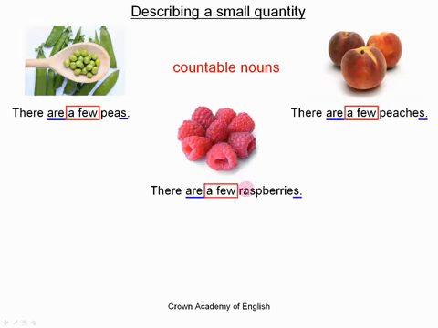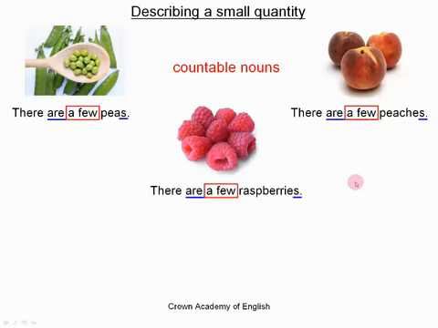And finally, it is the same with raspberries. We put the noun in the plural form, which for raspberry it is adding IES. We say a few, because it is a countable noun. And the verb also, again, we put it in the plural form. There are.